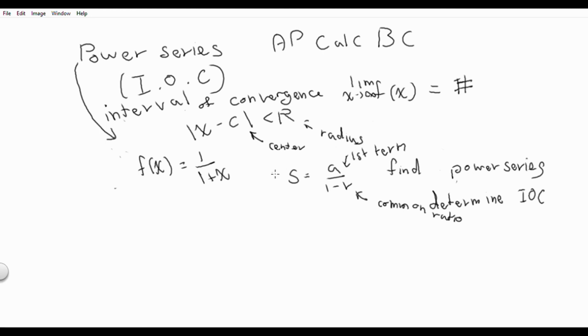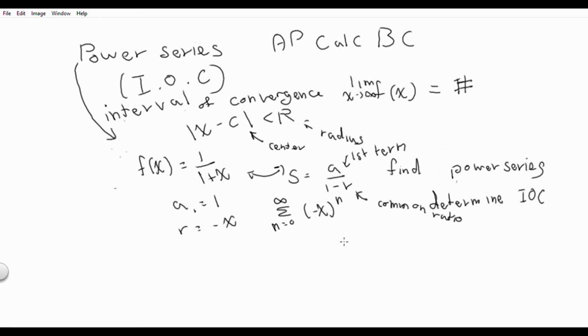Now, f of x and s is the same thing, exactly the same. Then we know that a equals 1 and r equals -x. So therefore what we can derive from this is the sum from n equals 0 to infinity. The interval of convergence does not change at all, no matter what, since it will be a power series. And this is the basic equation.